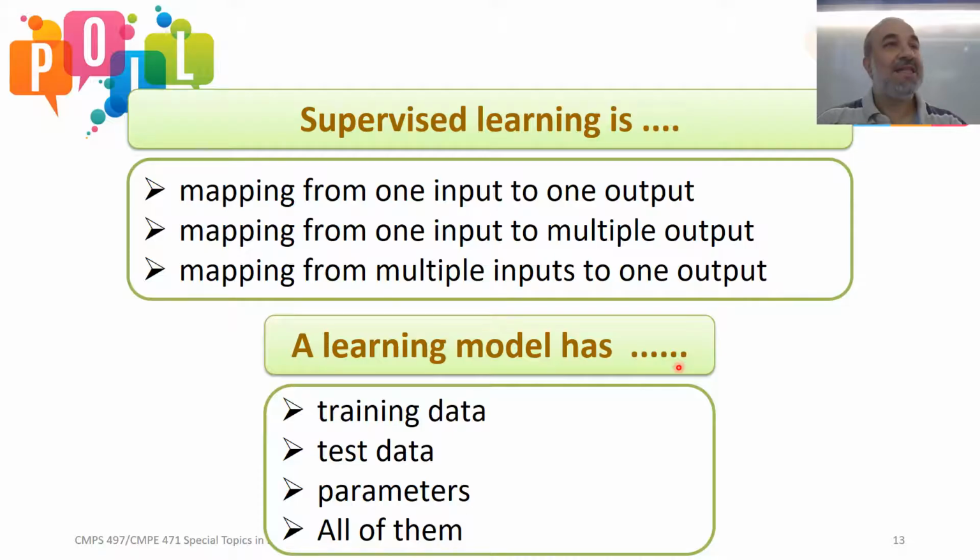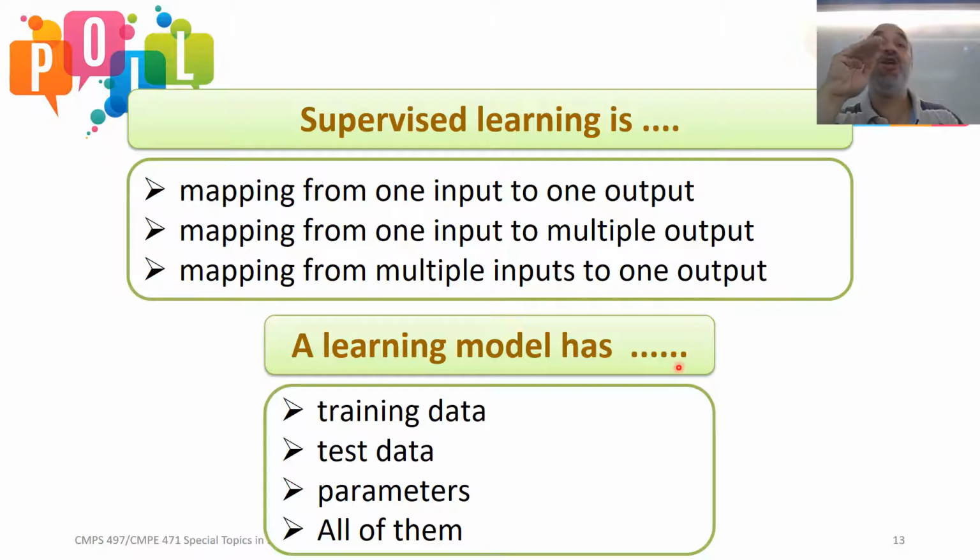A learning model has training data, test data, parameters, or all of them. Think before you answer, please. A learning model, the model itself, has training data, has test data, has parameters, or has all of these three things. Why should we say that the learning model has training data and test data? The model has the data?